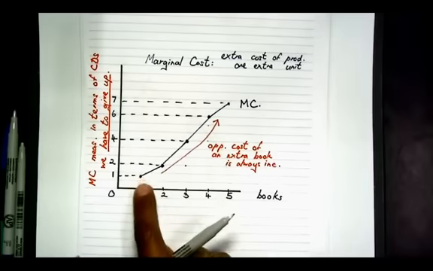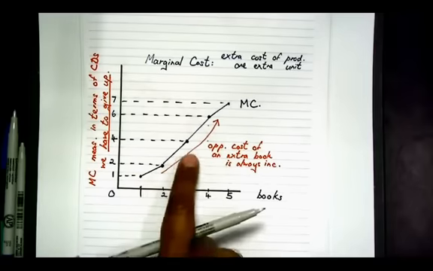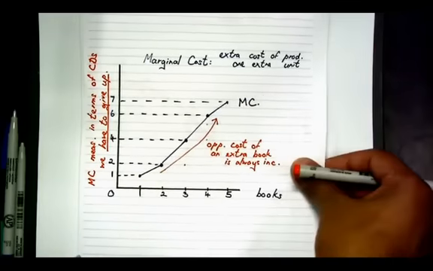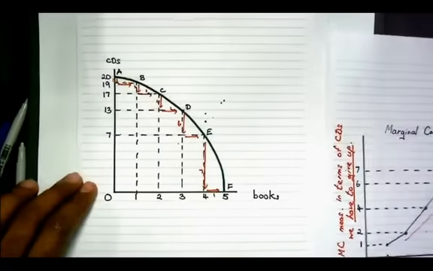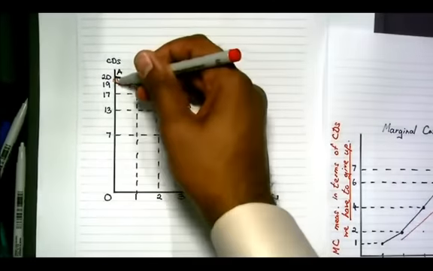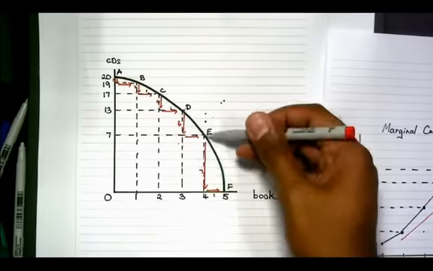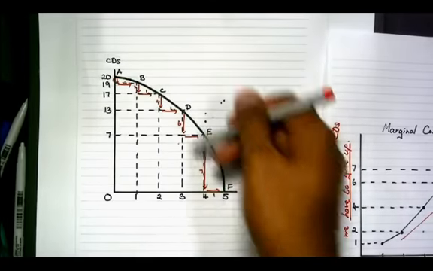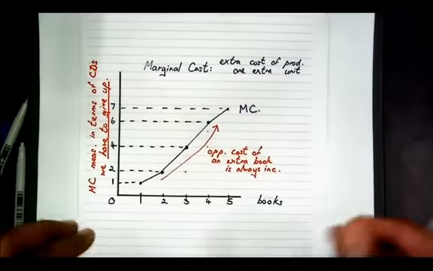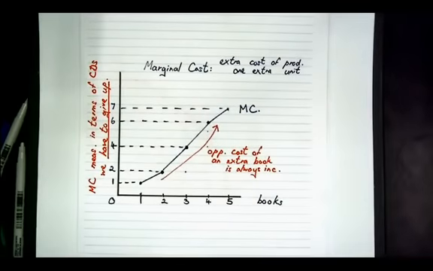So these numbers, the 1, 2, 4, 6, 7, are actually straight from this PPF. Because the PPF is concave, the marginal cost is always going upwards.